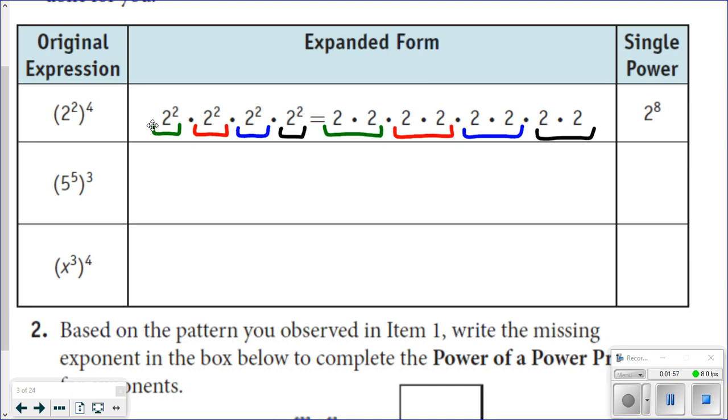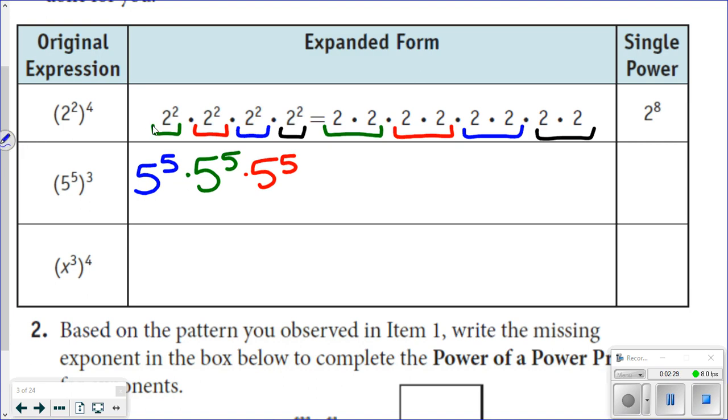Okay, now, the next column, I have 5 to the 5th power, and that's being raised to the 3rd power. So it's 5 to the 5th power times 5 to the 5th power times 5 to the 5th power. 3 times.